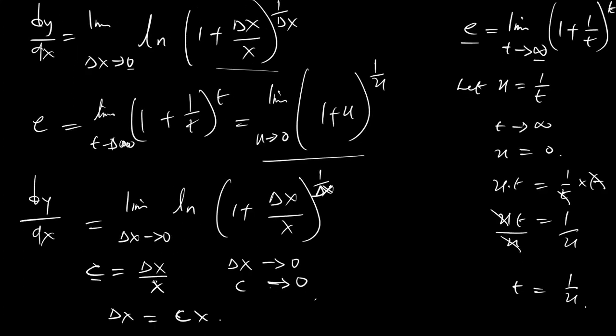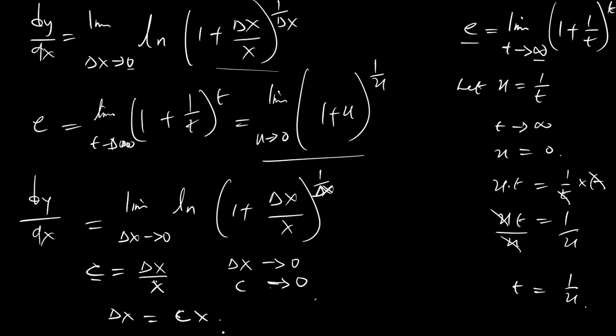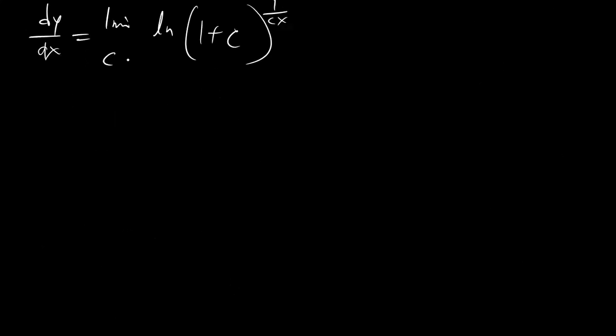Where we have delta x, we replace it with cx. So replacing that with cx, we have 1 all over cx. When delta x tends to 0, c tends to 0, so we change here to c tends to 0. We have changed the whole thing here now.